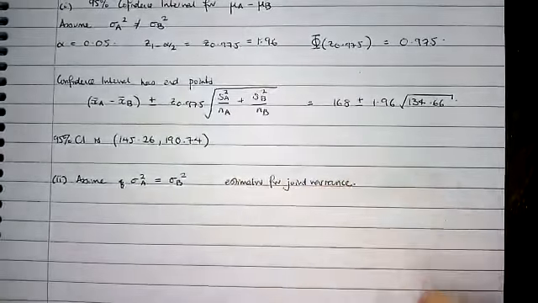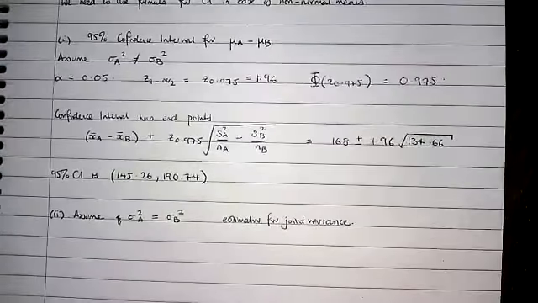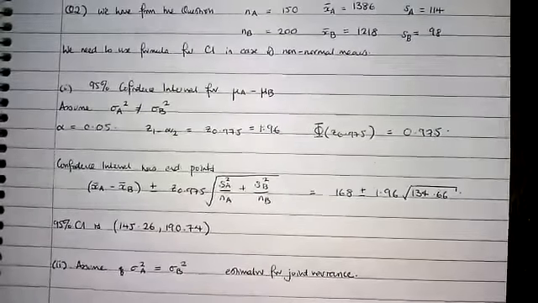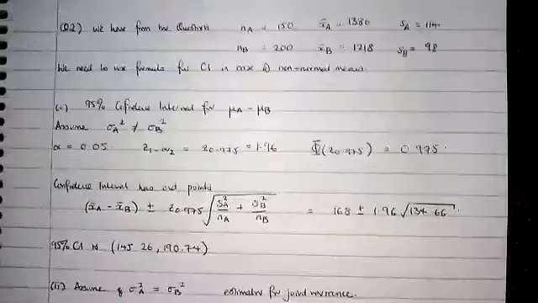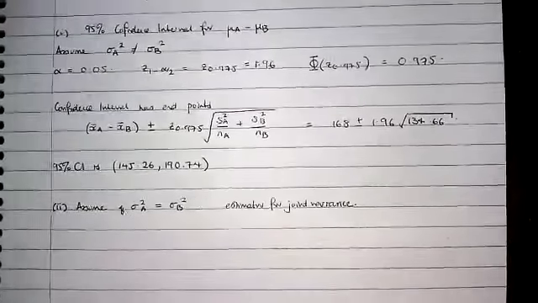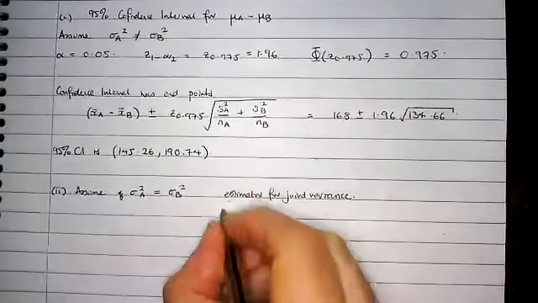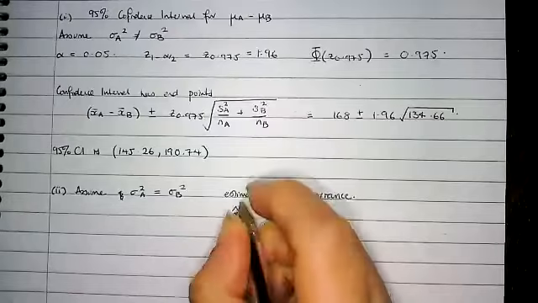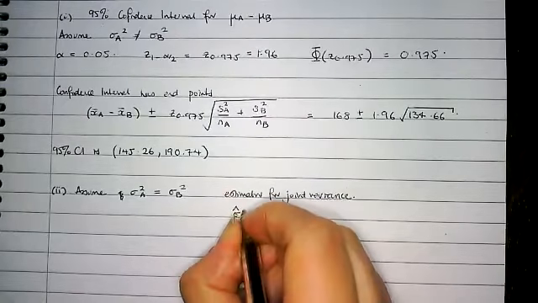Now the idea here is that if I use the data from both samples in order to estimate the joint variance, I'm going to get a more accurate estimate than if I just use SA and SB individually. So my estimator for the joint variance is going to be sigma hat squared.